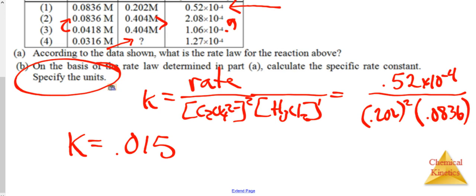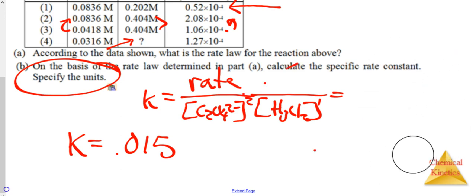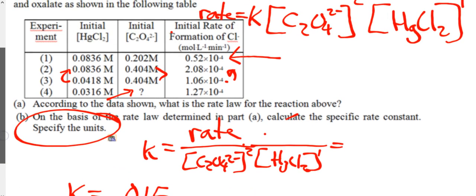I'm going to erase all this again, just for ease of writing out the unit. So it told me the rate was moles per liter, and I'm going to write it out exactly how it put it. It was a mole on top, a liter on the bottom, and a minute on the bottom.